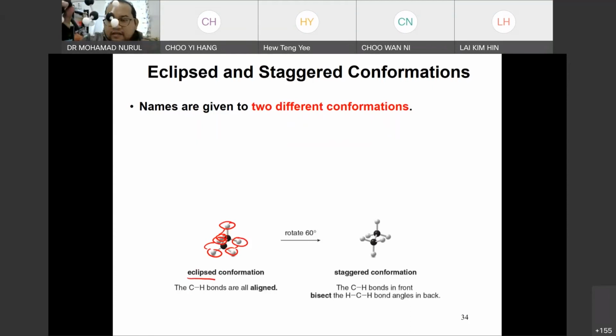If we rotate 60 degrees, it becomes like this. This one becomes staggered, bisected between the bonds.